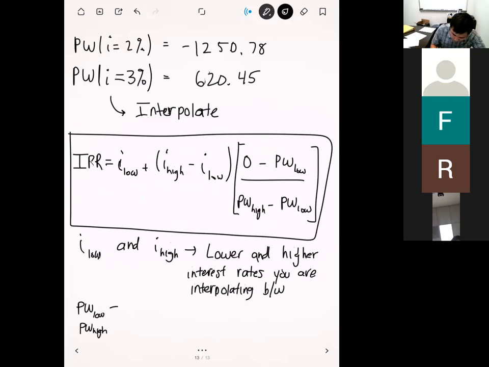Okay. Here's where people get confused a little bit. Okay. And so we have PW low and PW high, right? And so intuitively, when you read that, I think people naturally plug in the lower present worth for PW low, and the higher present worth for PW high, right? And so that's what people usually think when they see this formula. But I want you to guard against that, right?